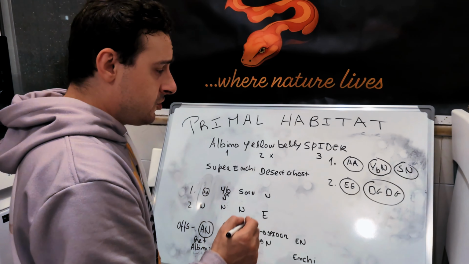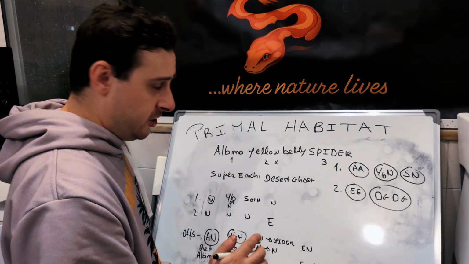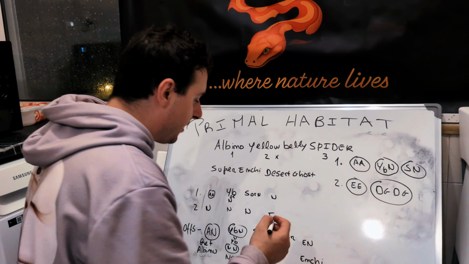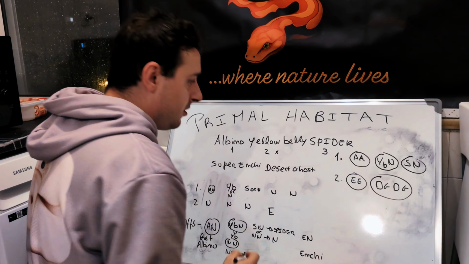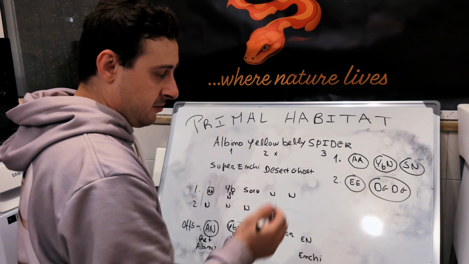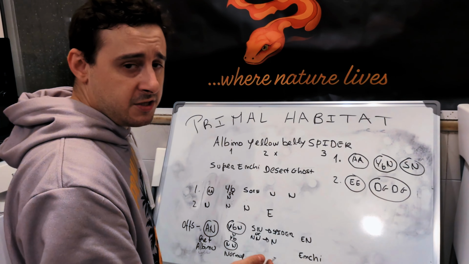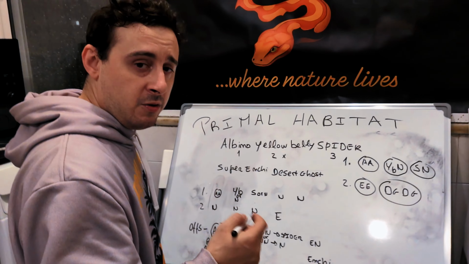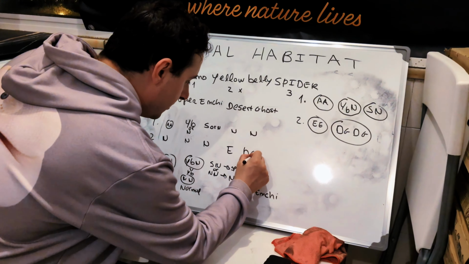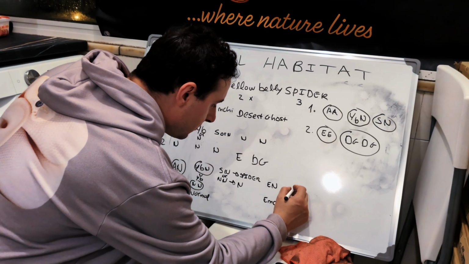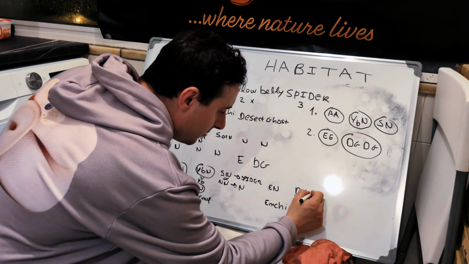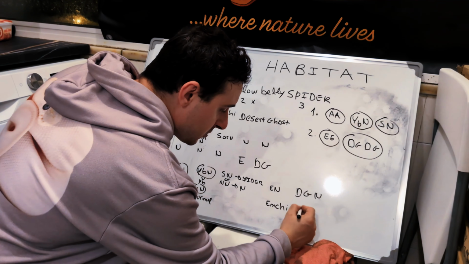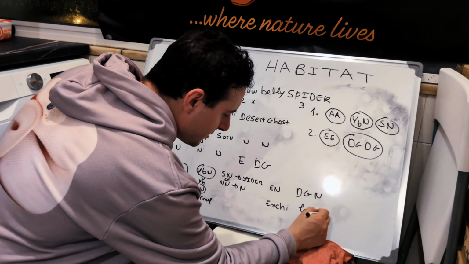And in the desert ghost gene, the final gene, we know that the first snake will always pass normal because she doesn't have desert ghost. But the second one, as she is a visual desert ghost and desert ghost is recessive, has two alleles of desert ghost. So she will always pass desert ghost. Meaning for desert ghost it will be desert ghost, N. So the offspring will be het desert ghost.